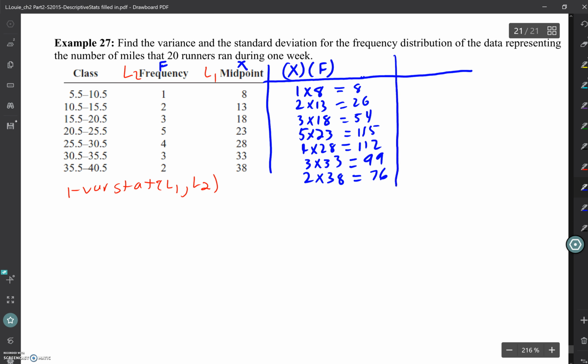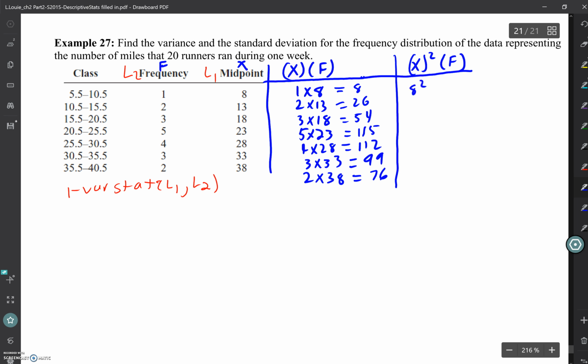And then the new part that we need for the standard deviation is I'm going to take the X value and square it, and then I want to multiply it by that frequency.